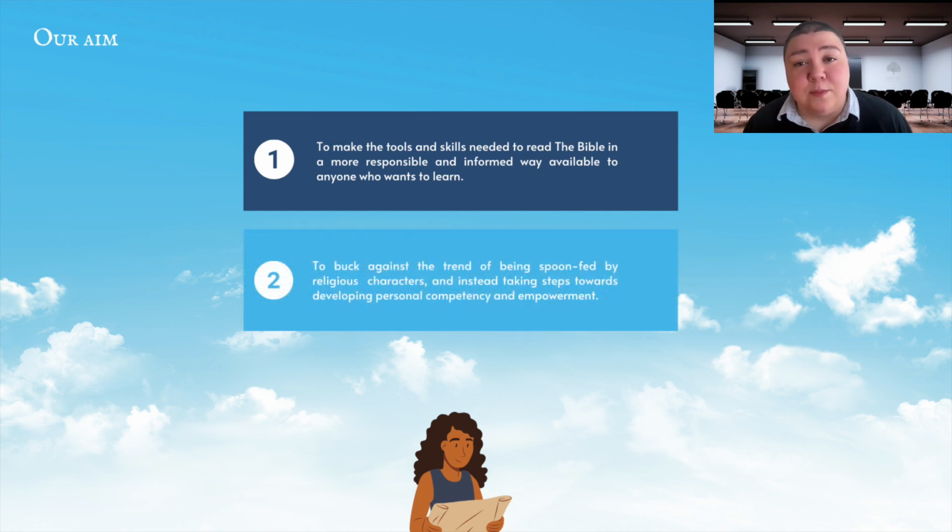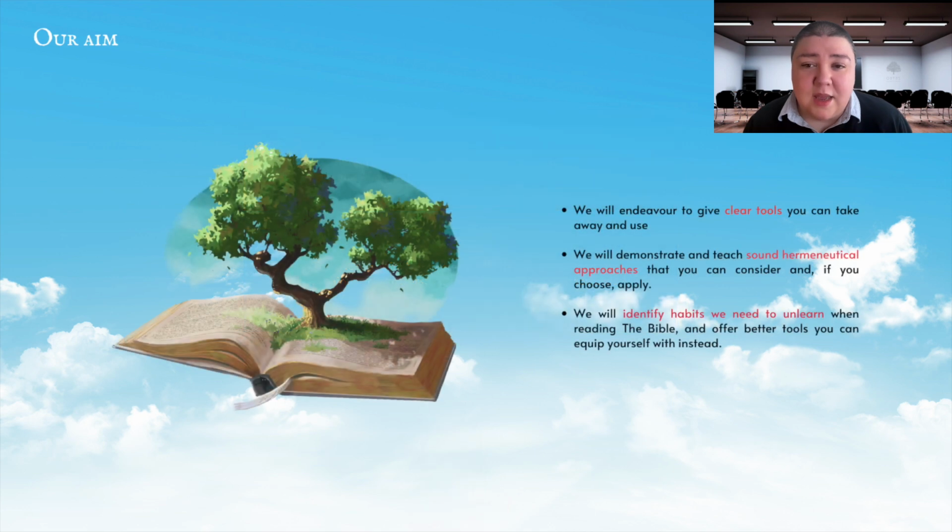The other goal is to buck against the trend of being spoon-fed by religious influential characters, and instead take steps towards developing personal competency and empowerment. We will endeavor to give clear tools you can take away and use. We will demonstrate and teach sound hermeneutical approaches that you can consider and, if you choose, apply.